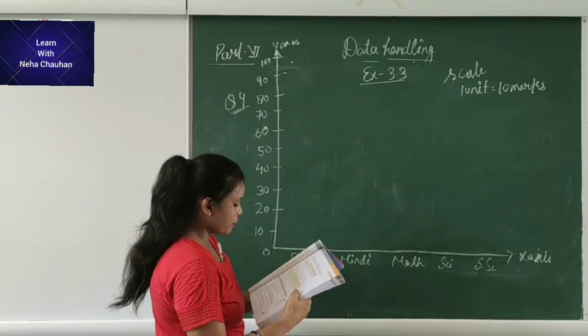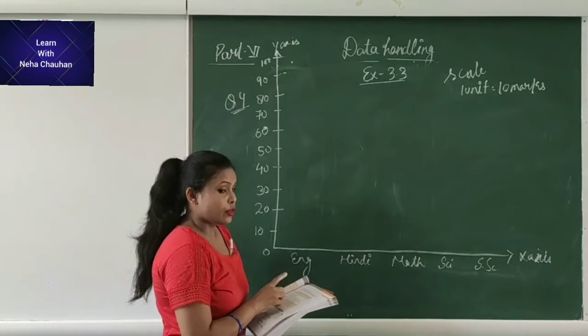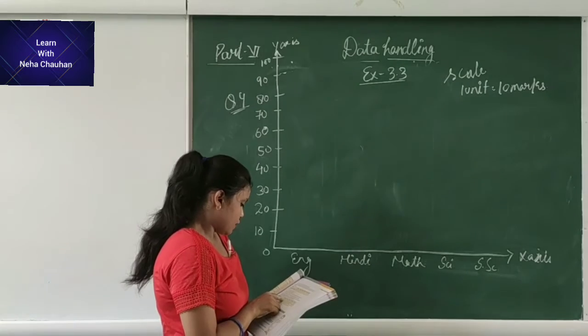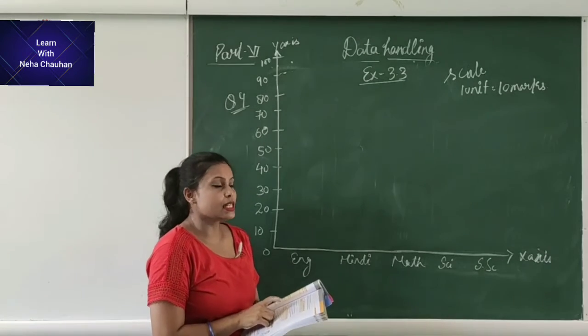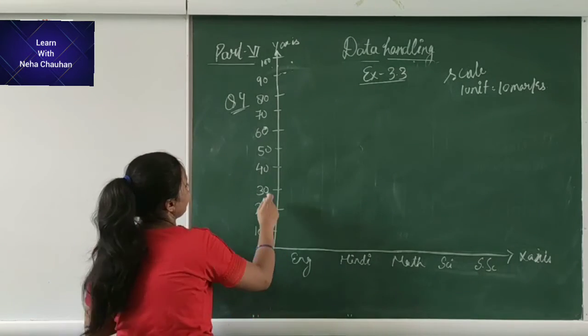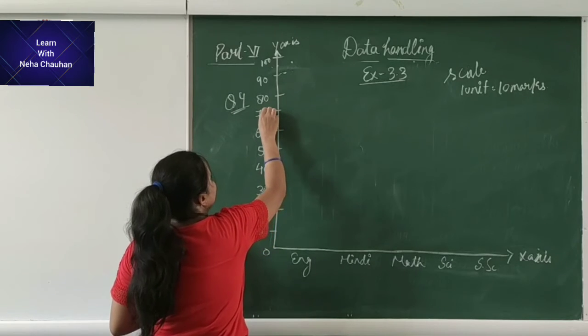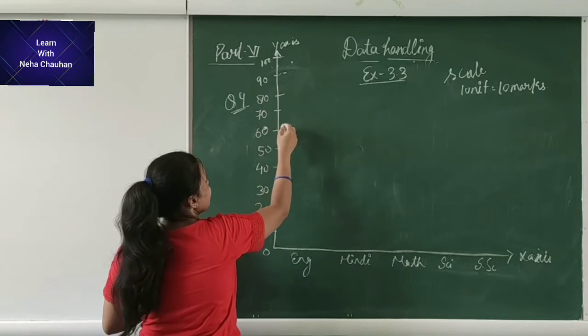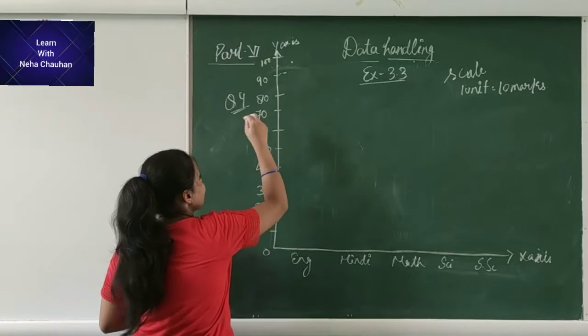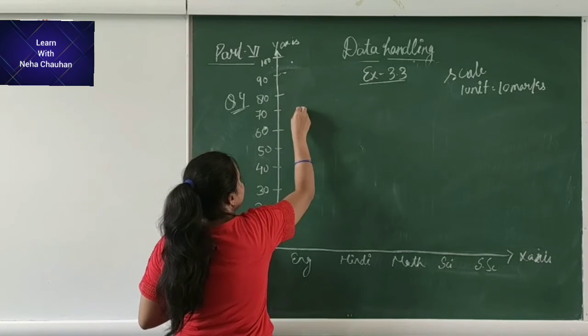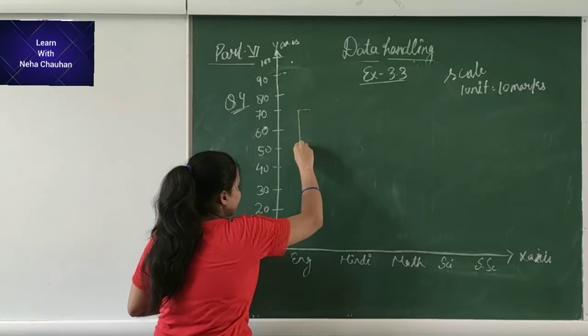Let's draw the graph. In English, in the first term, the student gets 67 marks. So 67 marks will lie between 60 and 70 and above the half portion. So we can take it like this.